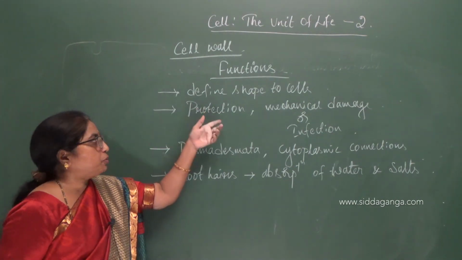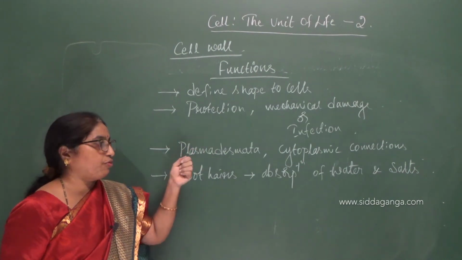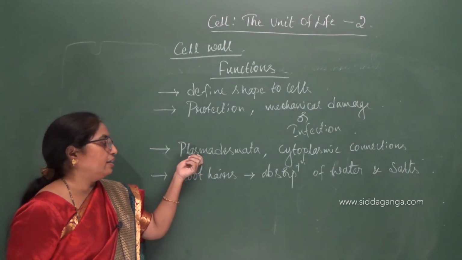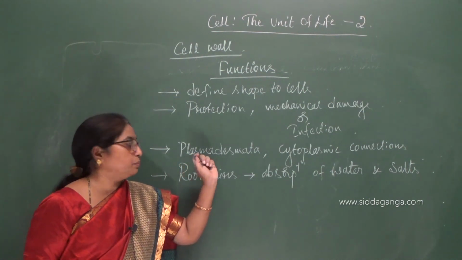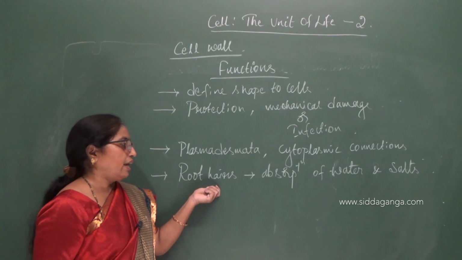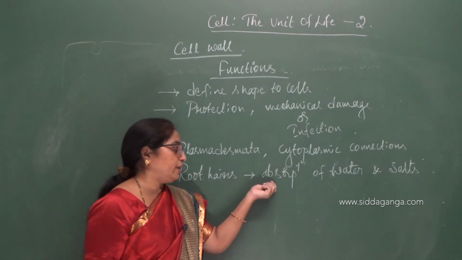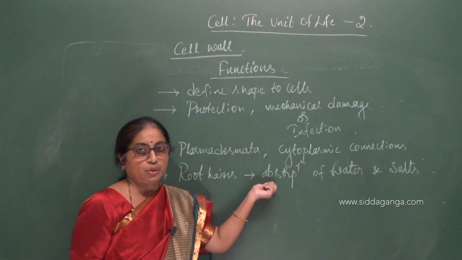Giving a definite shape to the cell, providing protection against mechanical damage and any infections, it acts as a barrier, and the plasmodesmata help promote cytoplasmic connections between the adjacent cells. And in the root hairs, the cell wall brings about the absorption of water and salts.